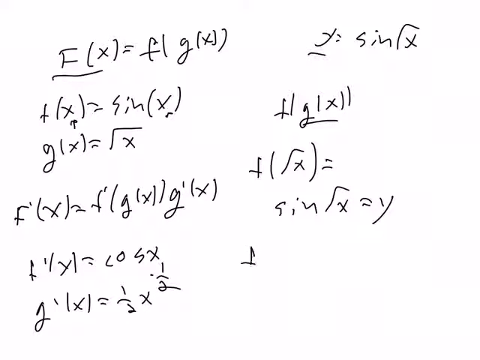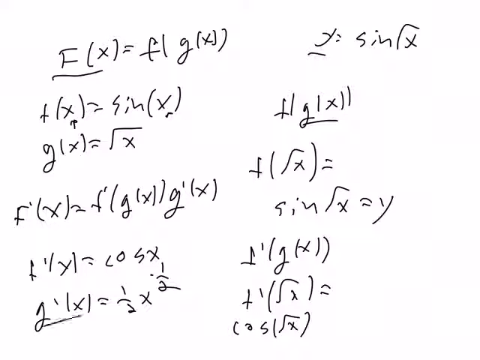So when we take f prime of g of x, we're going to take f prime of the square root of x, and that's going to be cosine square root of x. Then when we multiply by g prime of x, we're just going to get a half x to the negative a half.